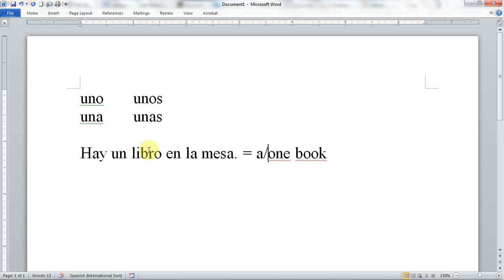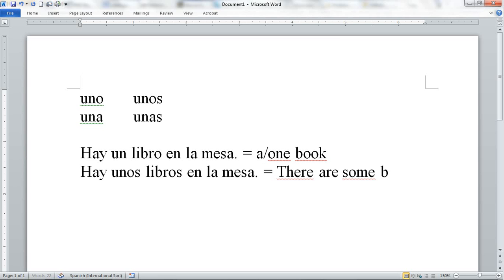But it's usually just going to be one book. Okay? If you want to say there are some books on the table, hay unos libros en la mesa. There are some books on the table. Okay, but how else would you be able to say that? You could only say that really as one if you want to count the exact number.